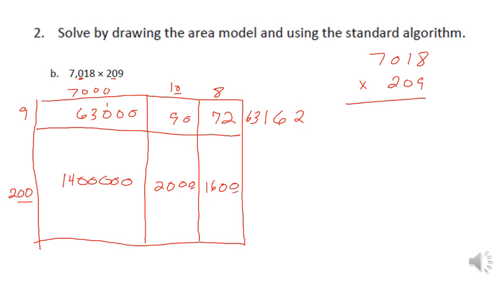We add these together, we can see in the ones place we have 0. In the tens place we have 0. In the hundreds place I have 6. In the thousands place I have 3. And then I have 140.